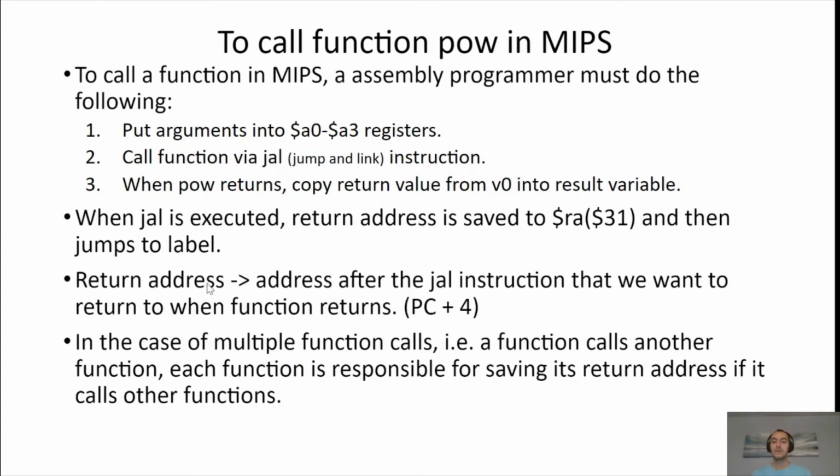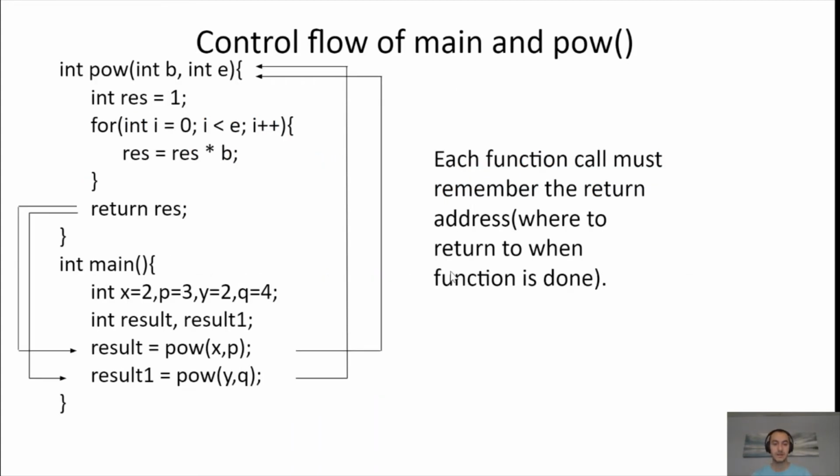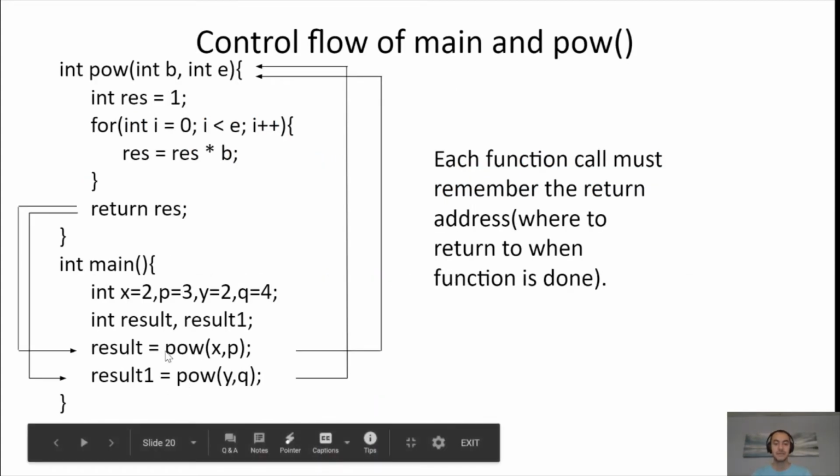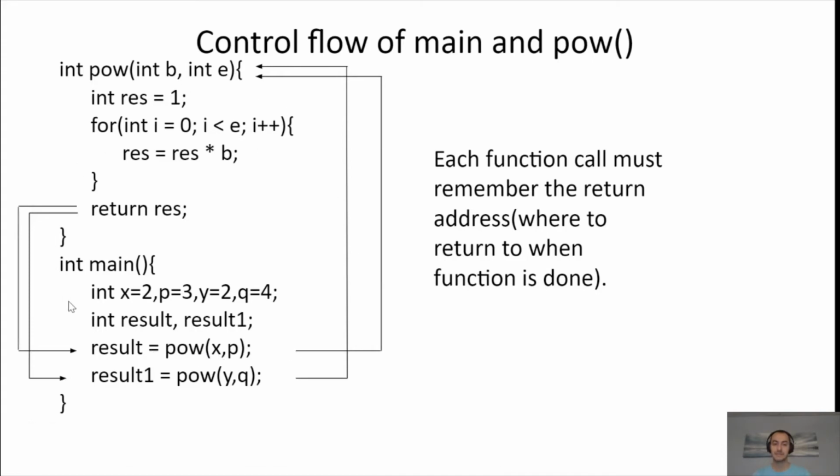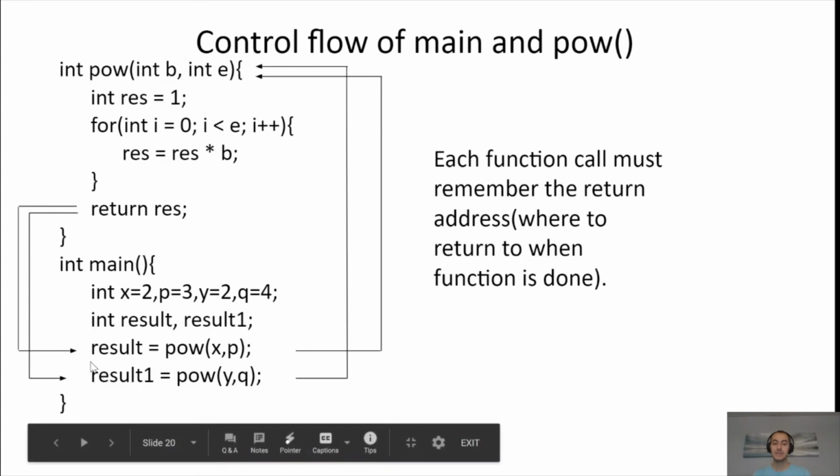So what is the return address? If you notice on the previous slide, after executing this line of code, after we return from that, we actually continue execution to the next line. So the return address is always the next line from the current line of code.